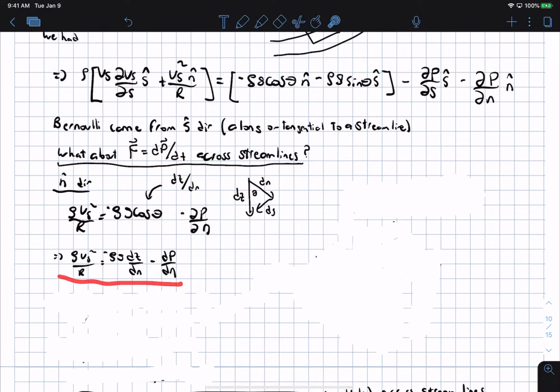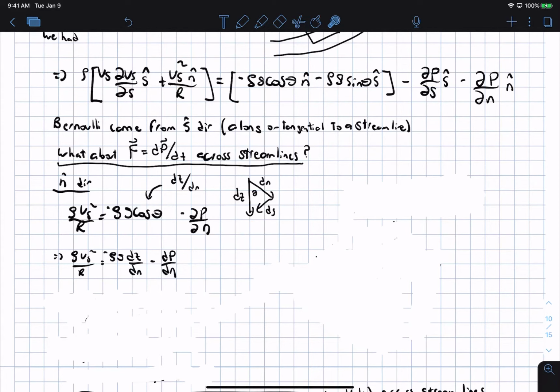And we have the centripetal acceleration is equal to the hydrostatic pressure. This here is basically rho g h, or the hydrostatic pressure, minus the net pressure forces pushing on the top and the bottom of the fluid element.